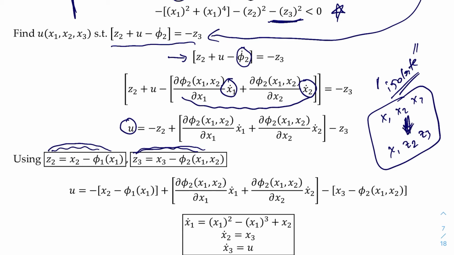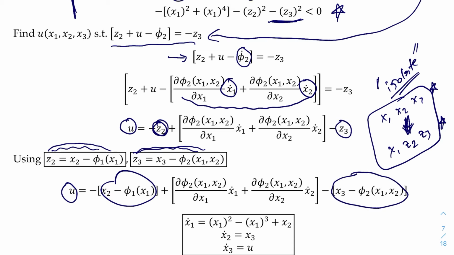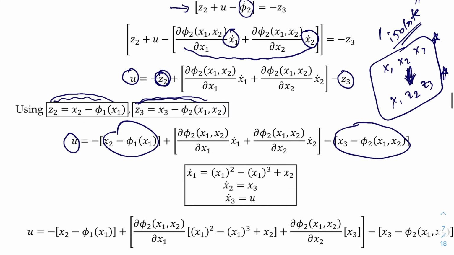There is a transformation that helped us go from this space to that space, or from this dynamics to that dynamics. Again, just doing some algebraic manipulations, we substituted this term for z2 and this term for z3.